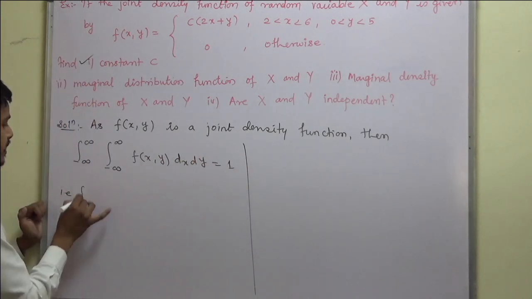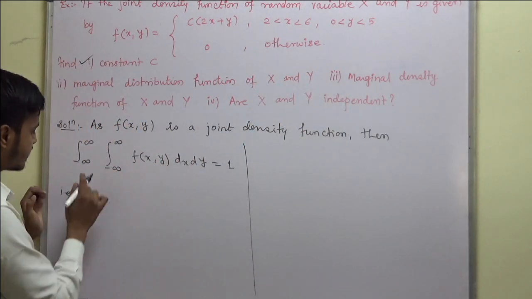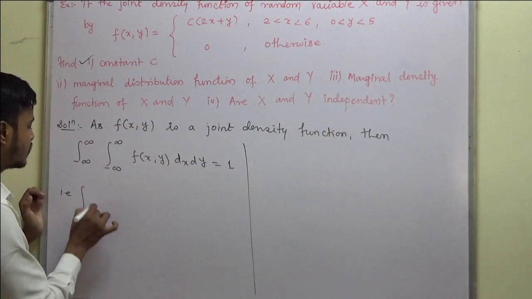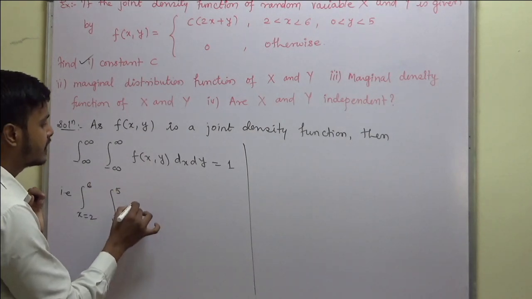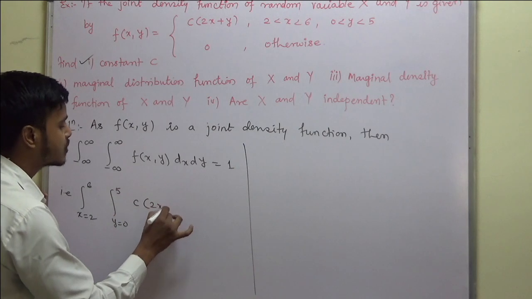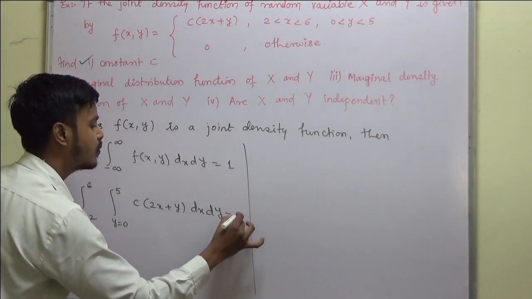But we have the values from 2 to 6 and 0 to 5. So convert this to x from 2 to 6, y from 0 to 5. What is f of xy?